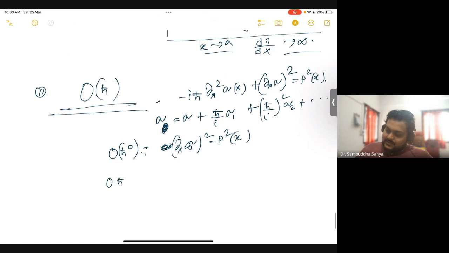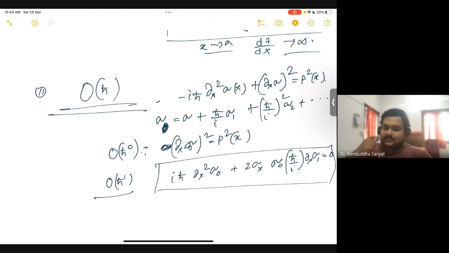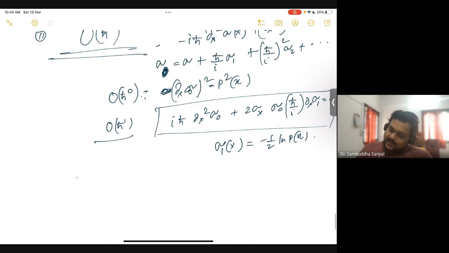Order h1 will be i h bar del x squared sigma naught plus 2 sigma x sigma naught h bar by i del x sigma 1. Basically we have to solve this equation now at first order, and we will see that the solution we get is minus half log p x, and the final solution up to this order is half log px, meaning root px when it is exponentiated.